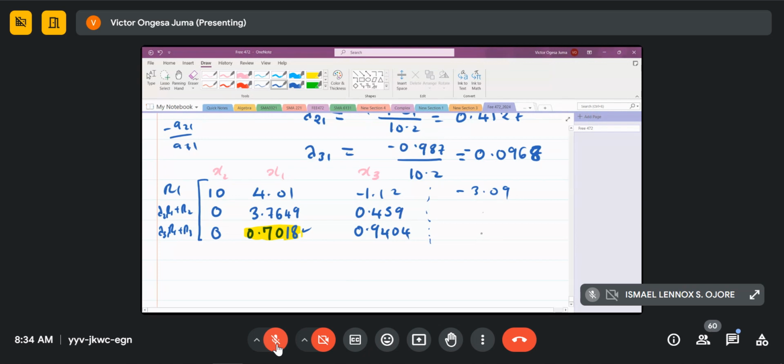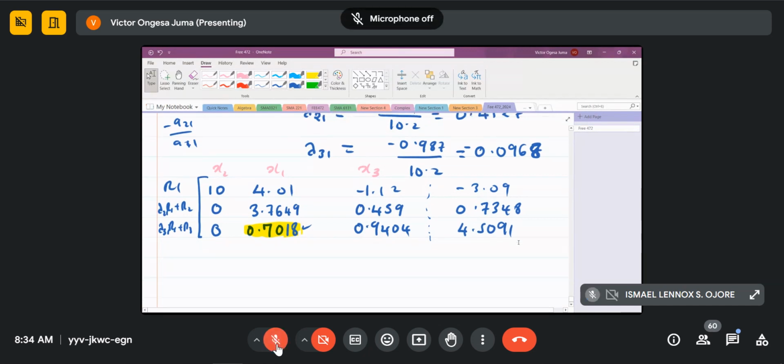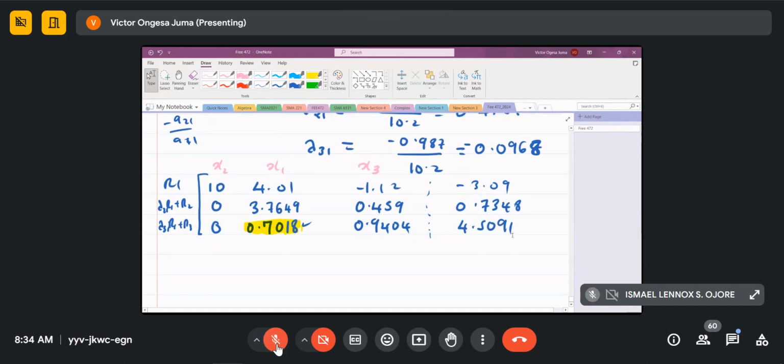So give me these other values. 0.7348, and then 91. The first step is done.